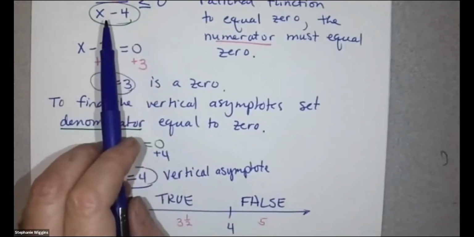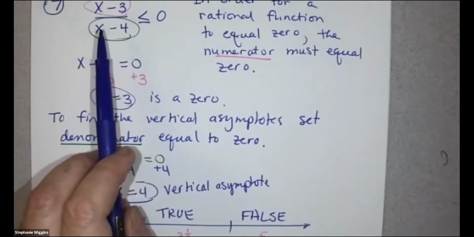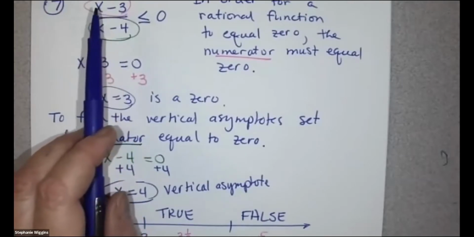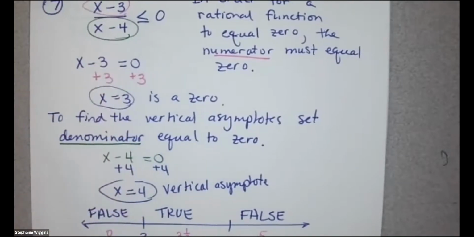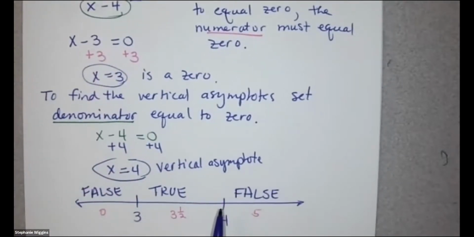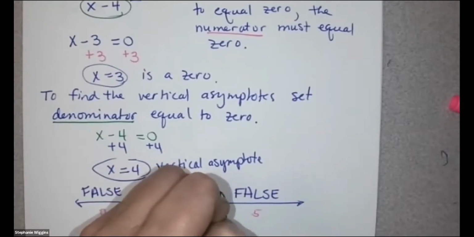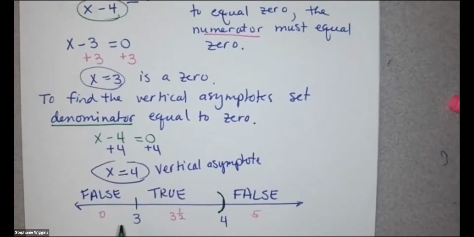If I plug in 4 here in the denominator, that's going to give me 0. That's undefined. Dividing by 0 is undefined, so it's not equal to 0 here. So I'm going to use an open bracket on this side, but the function is equal to 0 at 3 because 3 is a 0. So I want to include that point.